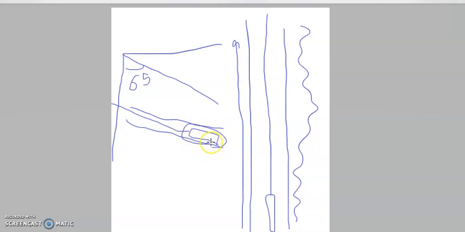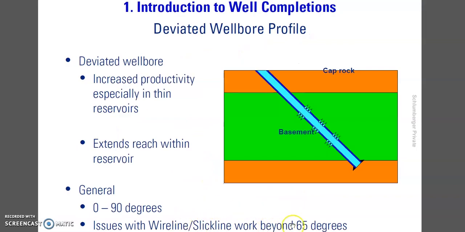There will be friction between the area and the wellbore, so they need to use another technique. It's called tractor log. I'll talk about these things in the logging course, but you have to know that there is a problem with wells that have a degree more than 65.